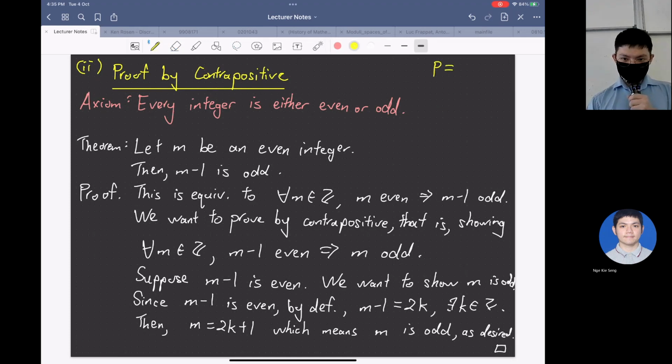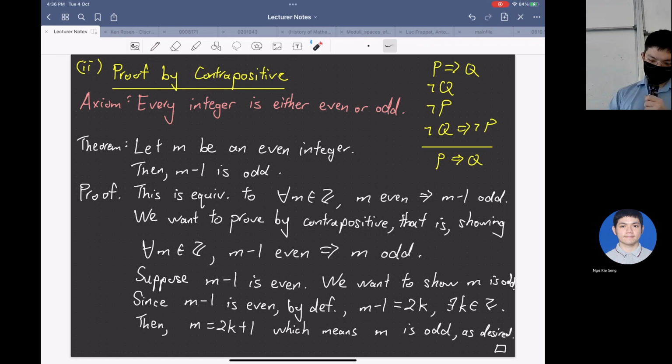So we got P implies Q. We assume not Q. We prove not P, which means we have not Q implies not P. So we have the equivalent statement P implies Q. So we prove the whole statement here. We start with not Q, and then we get not P. Which means P implies Q.